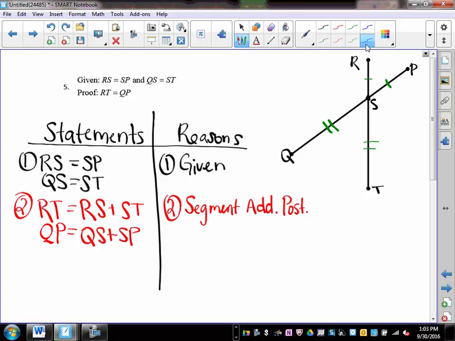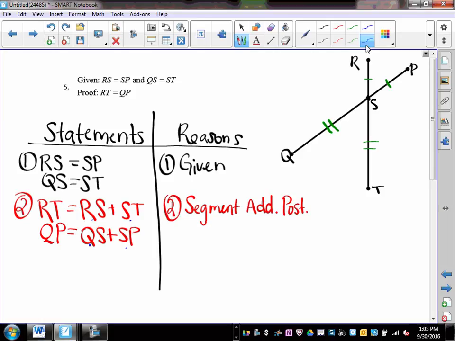Thus we'll know they're equal. Are any of the chunks the same right now? No, but we do know RS is the same thing as SP, and QS is the same thing as ST, right? So let's just change both of them on one of our equations, and then we'll have to do something with that.